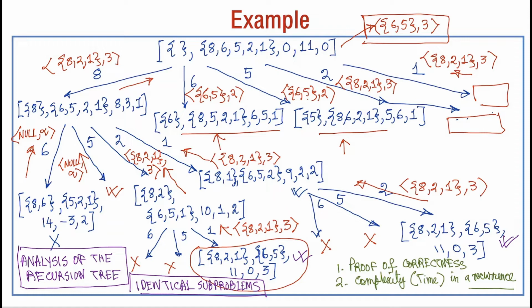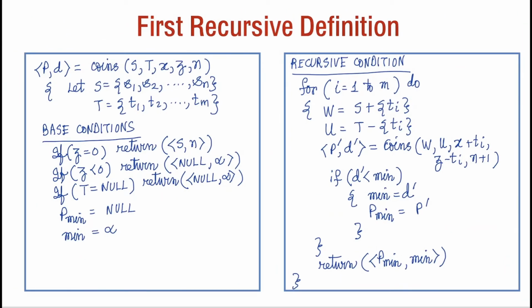The 5, 6 combination will come from 6, 5. The 8, 2, 1 combination will come as 8, 2, 1, 8, 1, 2, 1, 2, 8, 1, 8, 2. All these combinations will come. So we could avoid that. Can we avoid that? So what we can do to avoid that is our question.